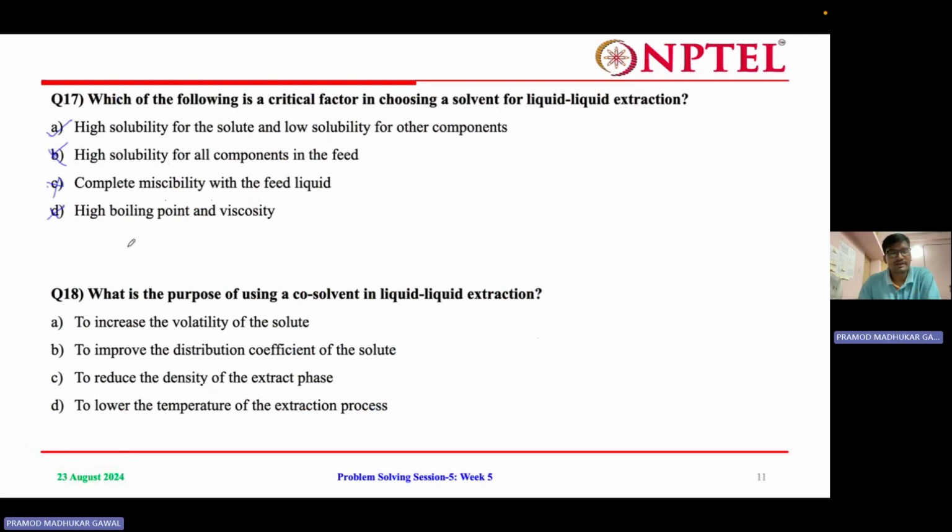Because at a higher boiling point, it requires a lot of energy to convert.